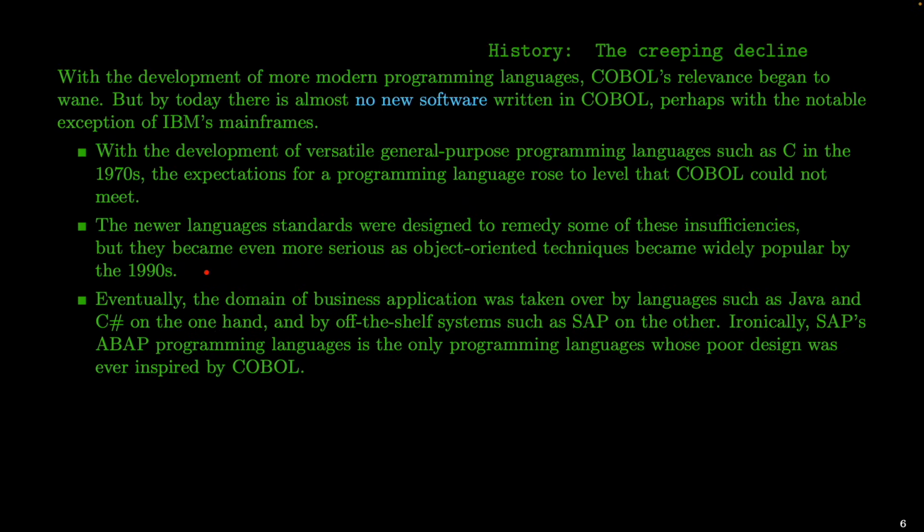And so, the domain of business applications eventually fell to other languages, as I said before, Java and .NET, or C# being the language incarnation of .NET. Those are the ones that took over a lot of the business application space. Or alternatively, there are off-the-shelf systems such as the ones offered by SAP.